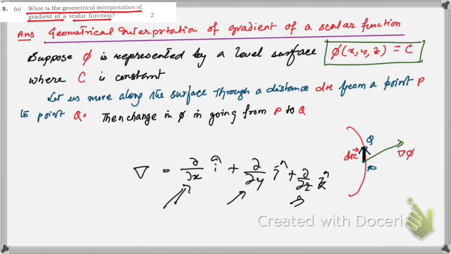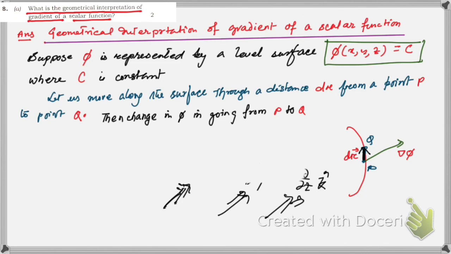It gives variation along x when y and z are constant, variation along y when x and z are constant, variation along z when x and y are constant. Now you see, this variation or change differs depending on the direction of del phi, depending on the angle between dr and del phi, right?